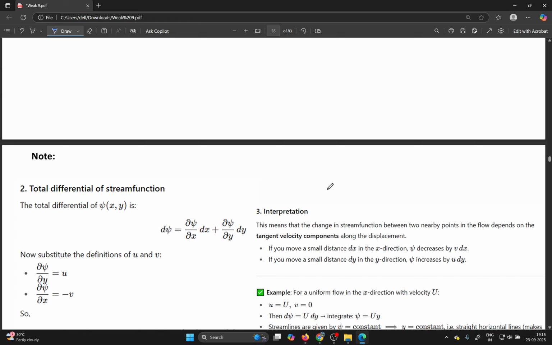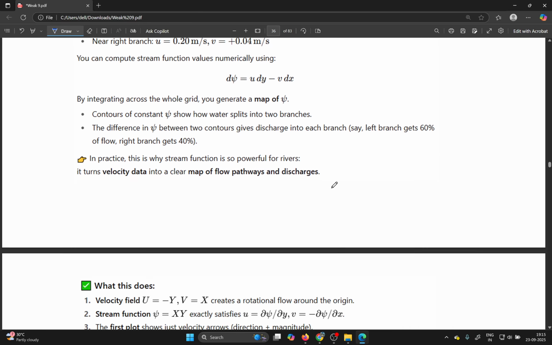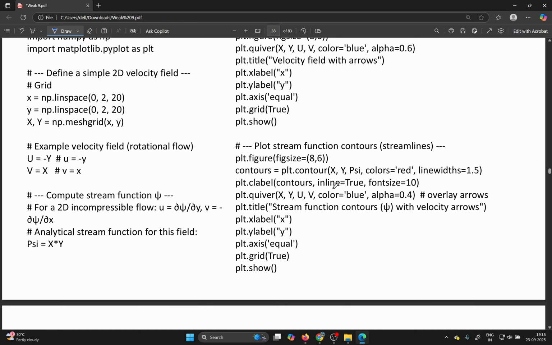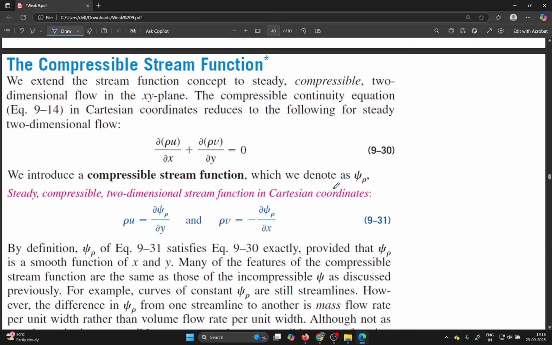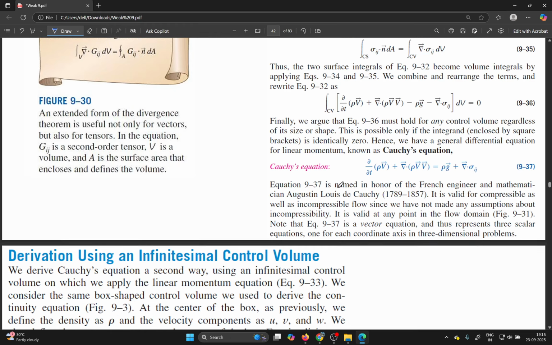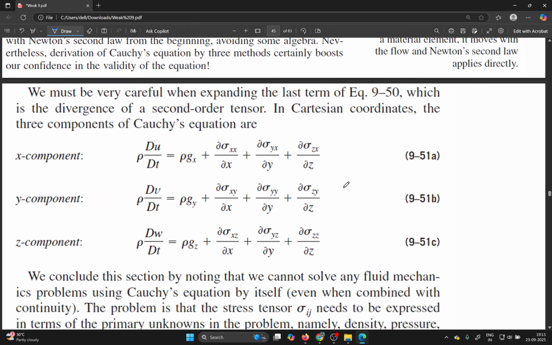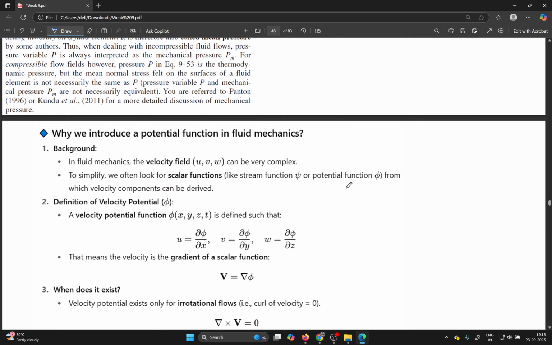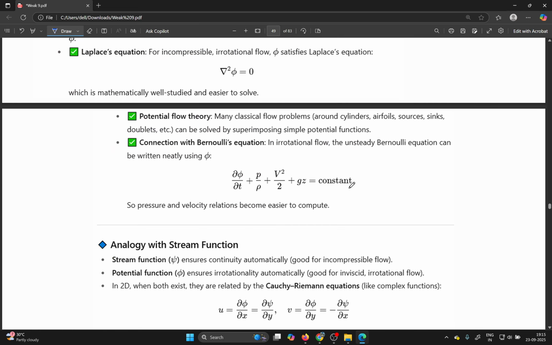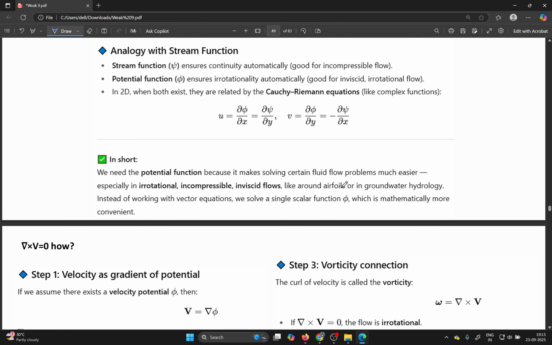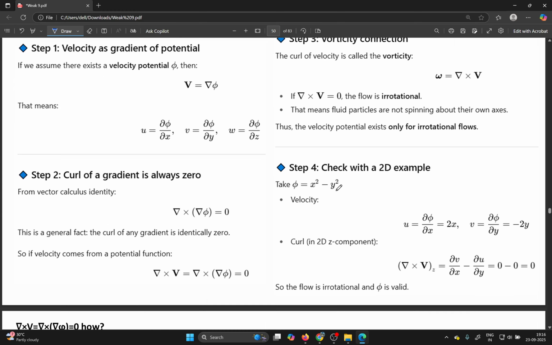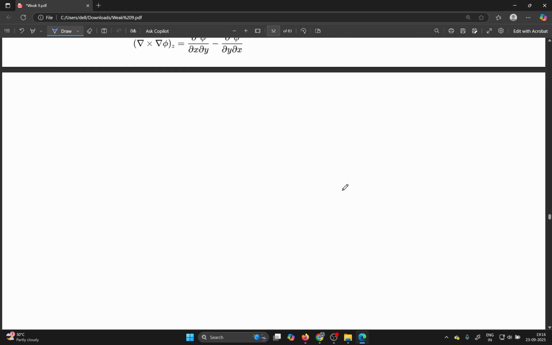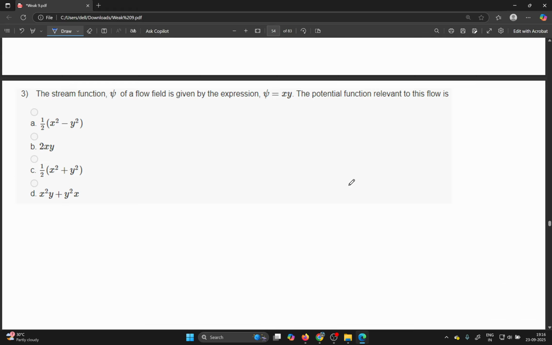I'll discuss it in the first question, but after that I will not discuss. And the potential function also I will discuss. Okay, here is the first question.